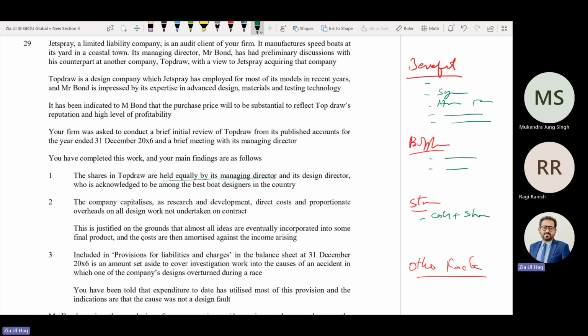This is justified on the grounds that almost all ideas are eventually incorporated into some final product, and the costs are then amortized against the income arising. They have capitalized research and development cost. Research cost has also been capitalized. If they have capitalized research cost, this could show high profitability and a high financial position for the company, and move towards a high bid price. So this is a problem as well.